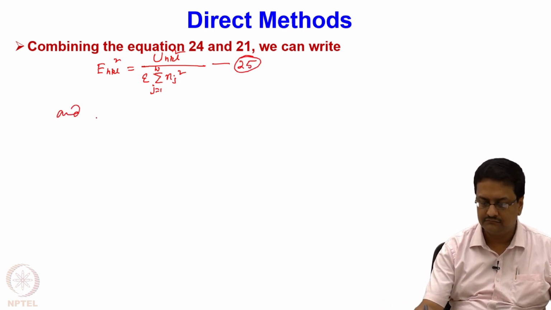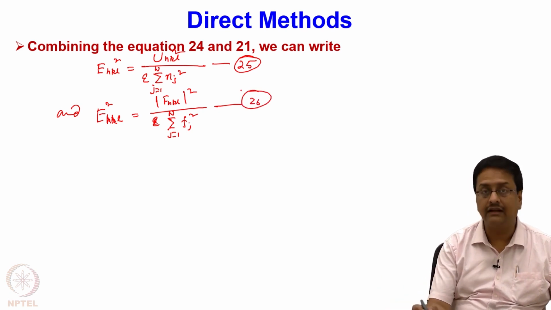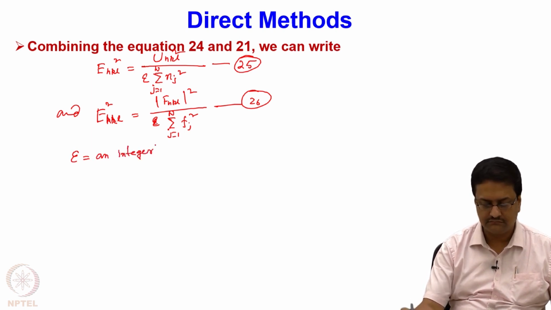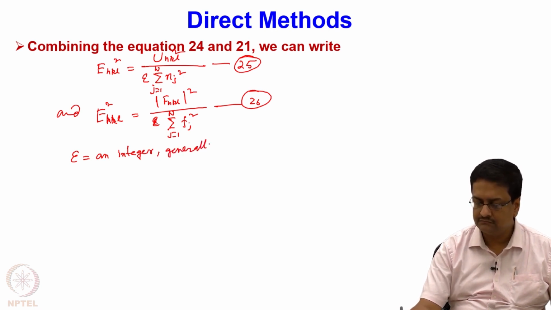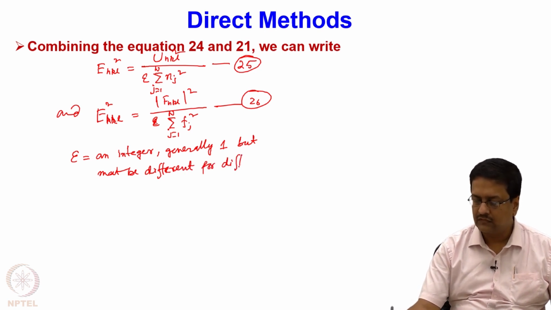and EHKL square is equal to mod of FHKL square divided by epsilon sum over j equal to 1 to n Fj square, where this epsilon is equal to an integer which is generally 1, but may be different for different space groups.